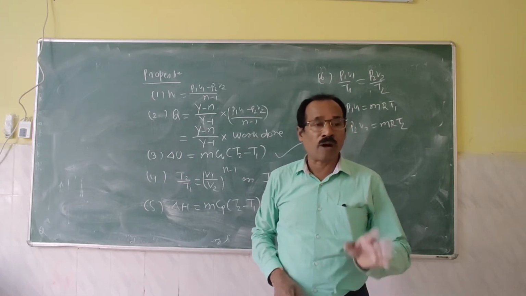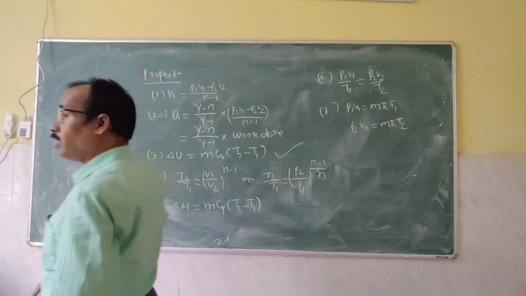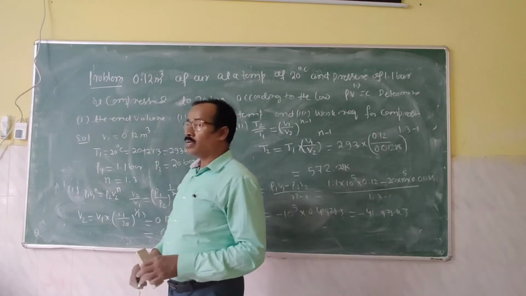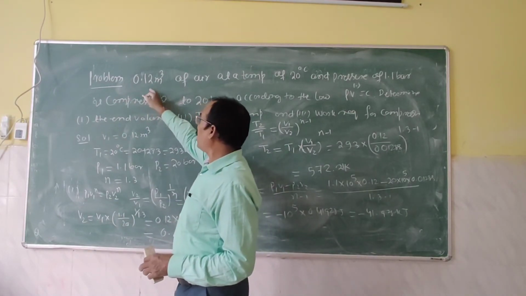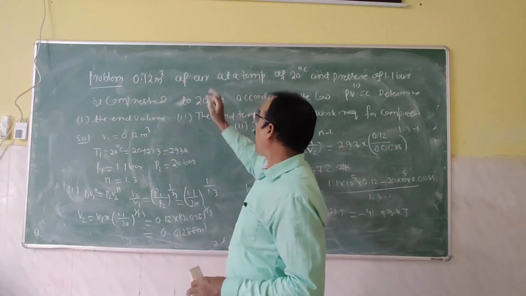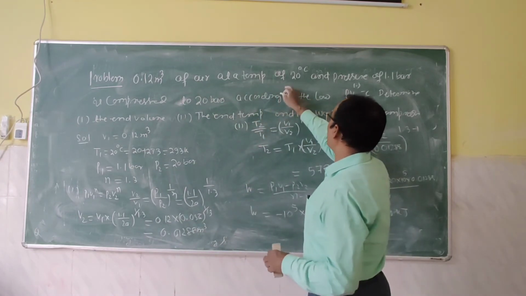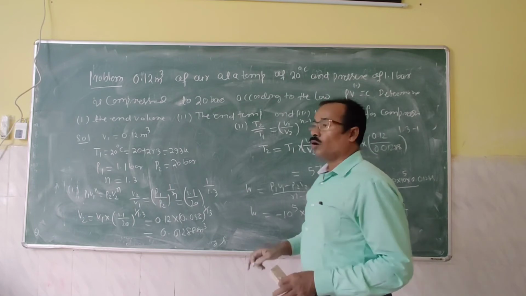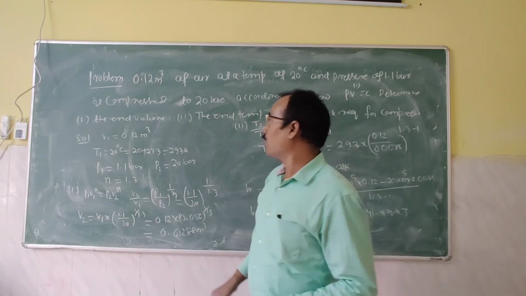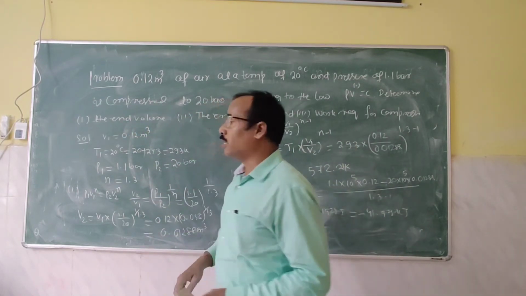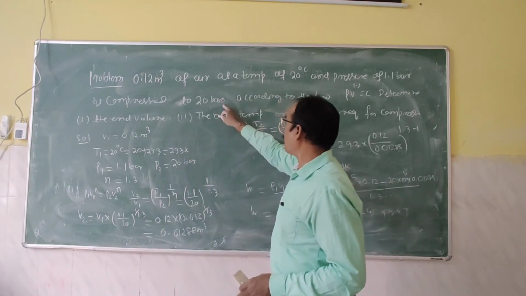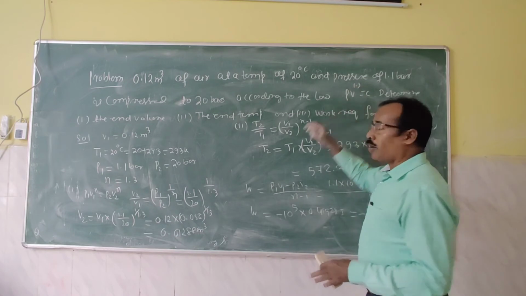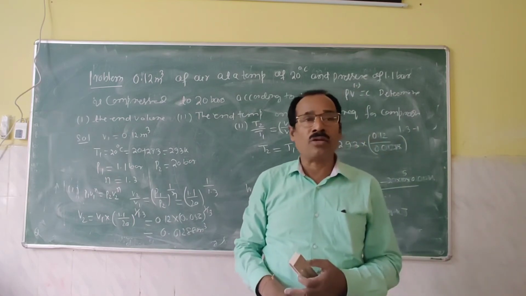Now I will solve one problem. Problem number 1. 0.12 meter cube of air at a temperature of 20 degrees centigrade and pressure of 1.1 bar is compressed to 20 bar according to the law P V to the power 1.3 is equal to constant.